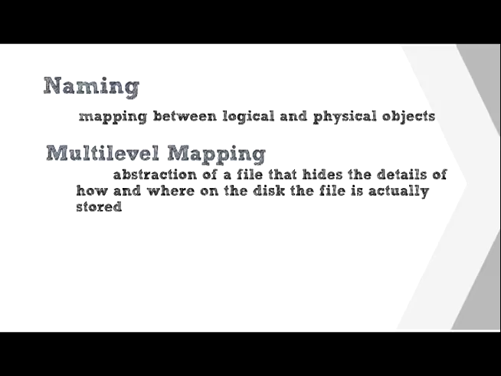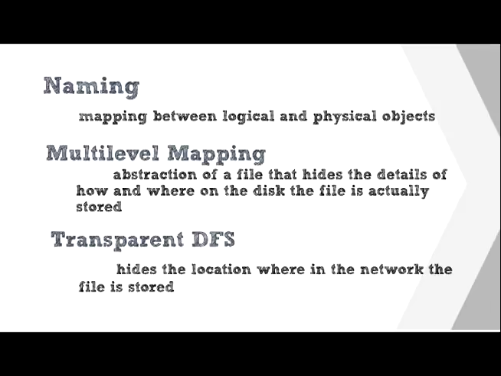It provides users with an abstraction of a file that hides the details of how and where on disk the file is stored. When the latter is mapped to a lower level numerical identifier that in turn is mapped to disk blocks, this is called multi-level mapping.